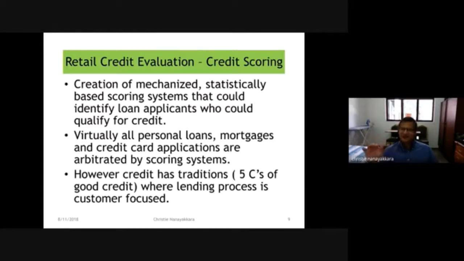If your threshold is 60, I have passed the test. Then you will say, okay, you are eligible to get a loan or a credit card. This method is called credit scoring.